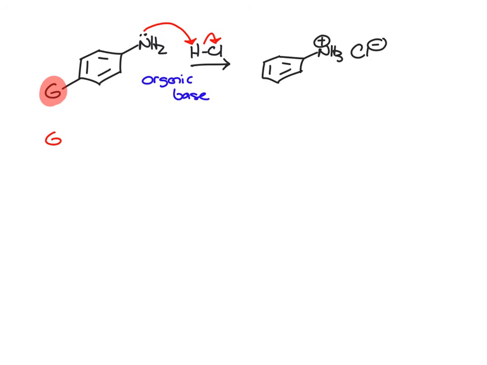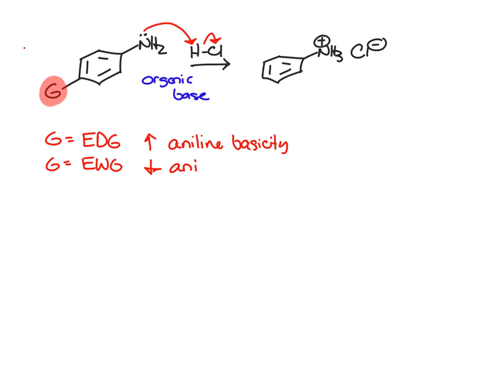If the group is an electron donating group, then it increases aniline's basicity. But if the group is an electron withdrawing group, it decreases aniline's basicity. So when dealing with an organic base, it's the opposite trend of the acid like phenol. So just to look at a couple of examples.